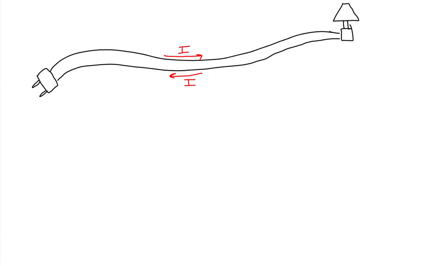our appliance. We're given that the extension cord is 30 meters in length, so each of these wires is 30.0 meters long.